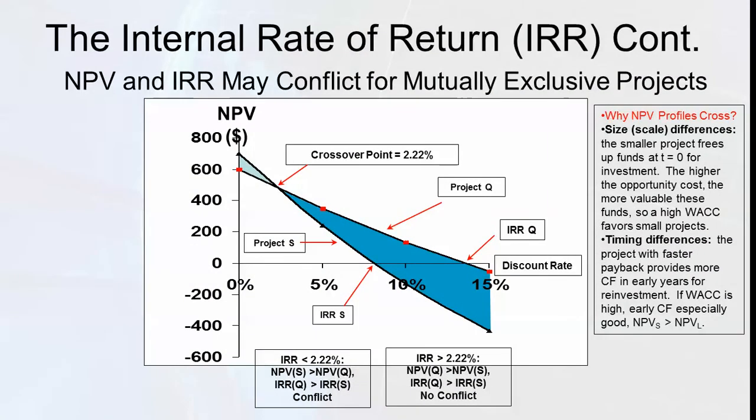Why does the NPV profile cross? There is a cross in the NPV profile because of two reasons. One is scale difference, the other is timing difference.